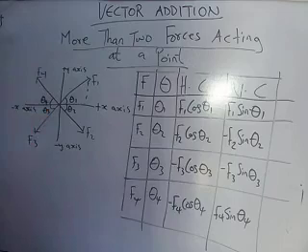You should also know your special angles: cos 30, sine 30, cos 60, sine 60, sine 45 and cos 45, sine 90 and cos 90. You also need to know those angles.